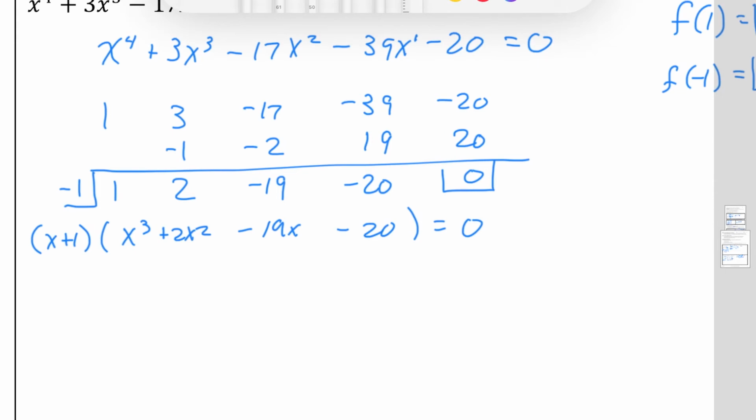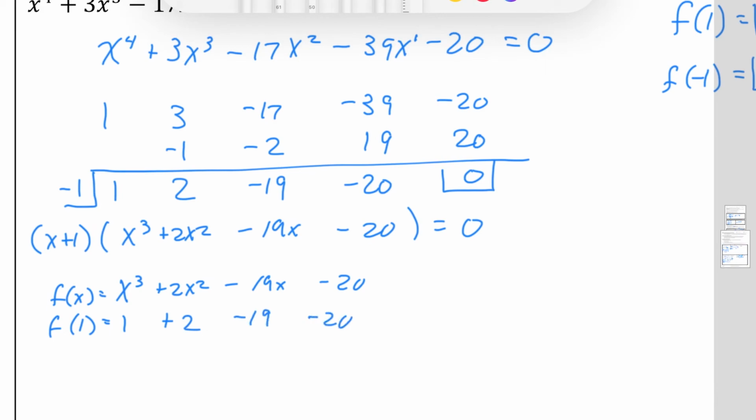If I focus only on this part of the problem, the x cubed plus the 2x squared minus the 19x minus the 20, and I evaluate this as a function, what is f of 1? The coefficient pattern will be 1 plus 2 minus 19 minus 20, and I can tell that would not equal 0. So let's try to evaluate it at negative 1.